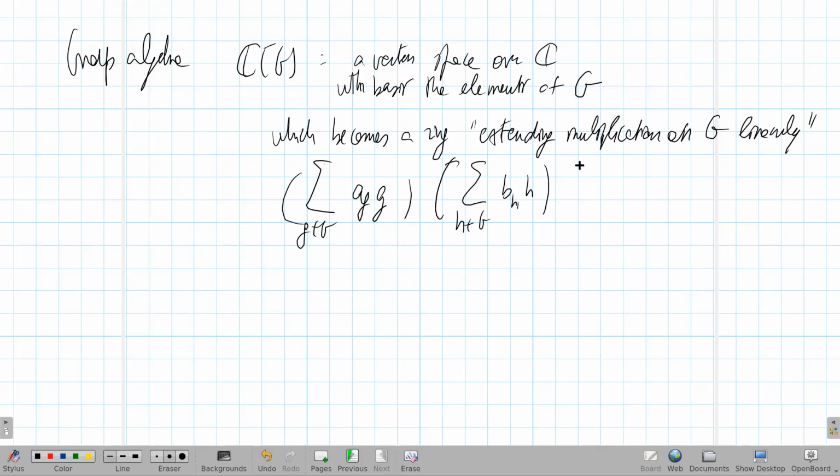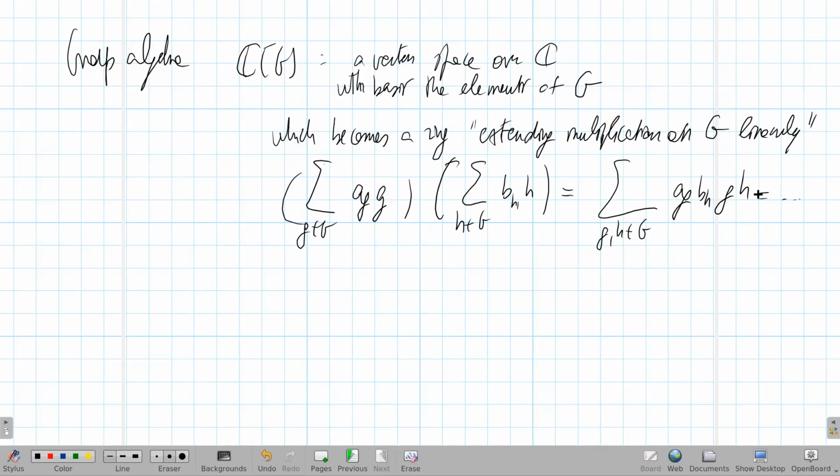So what does it mean to extend multiplication linearly, which is exactly what a convolution does? It means that you have a sum where g and h are in G, a_g b_h gh. This is not written in standard form, because the elements of G are a basis, so the standard form is a linear combination of the basis elements.